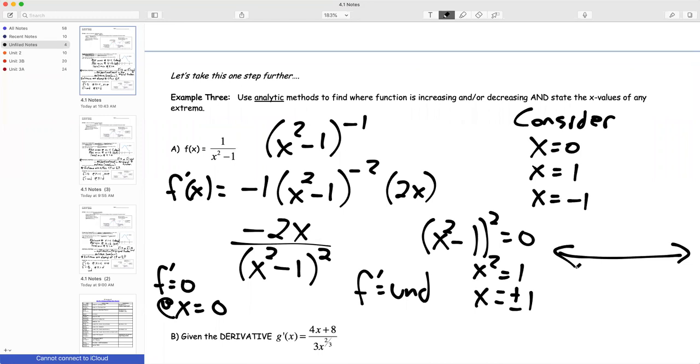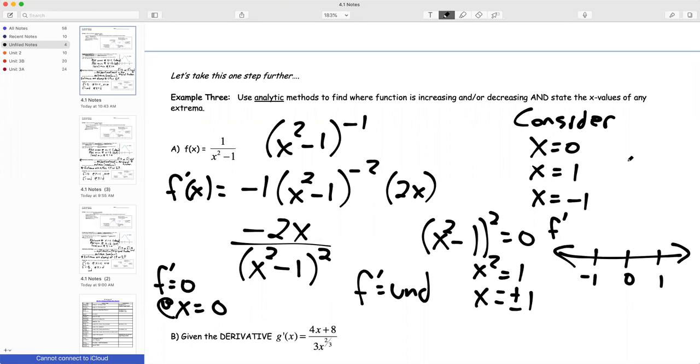Now I'm going to make my sign chart. I got negative 1, I got 0, and I got positive 1. And I'm plugging into f prime. Yes. So if there's a fraction as the derivative, to find f prime equals 0, you look at the numerator. Okay, and to find undefined, the denominator. Correct.